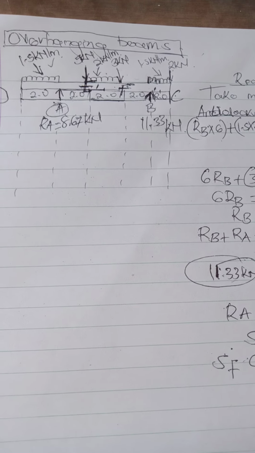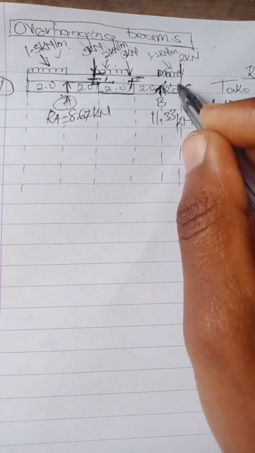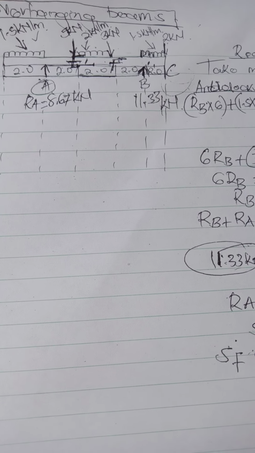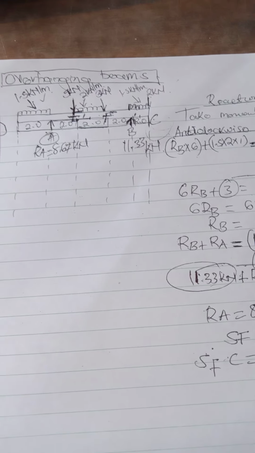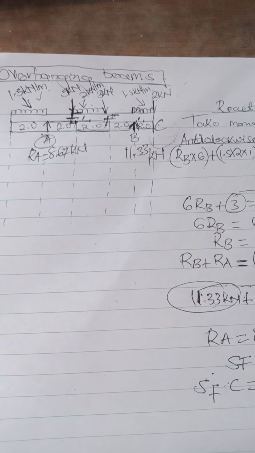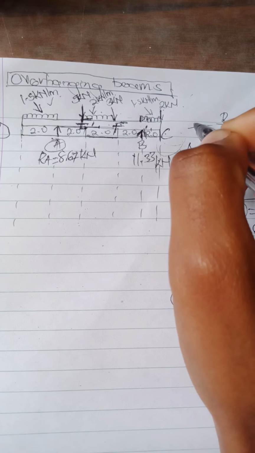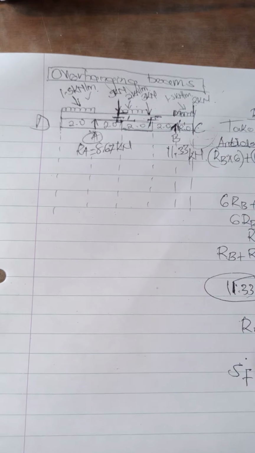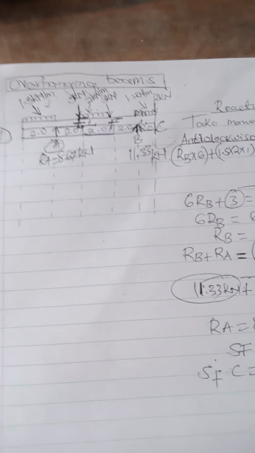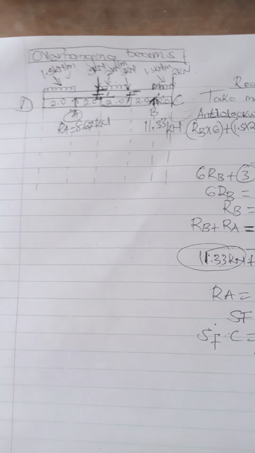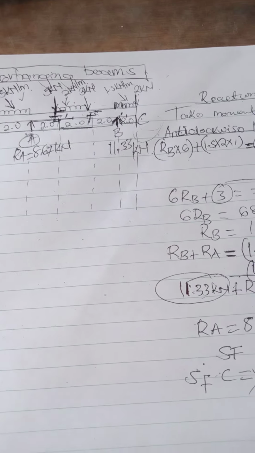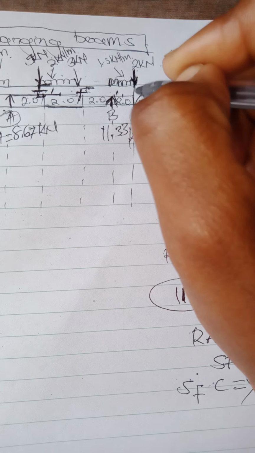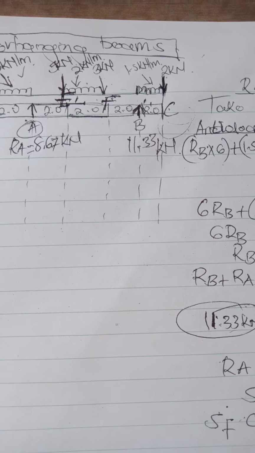So the shear tabulation at C is 2 kilonewtons. As we know, clockwise moments are positive and anti-clockwise moments are negative. So in shear force, the downward point load will produce a positive.